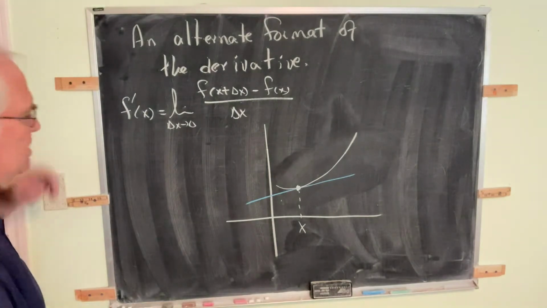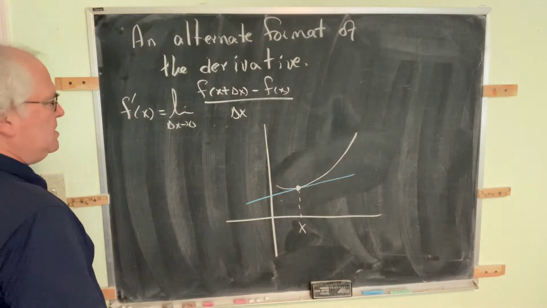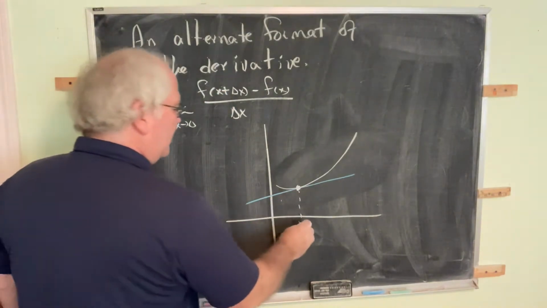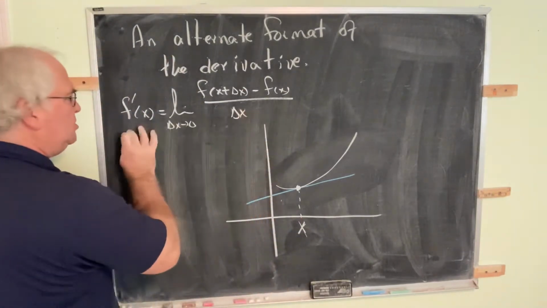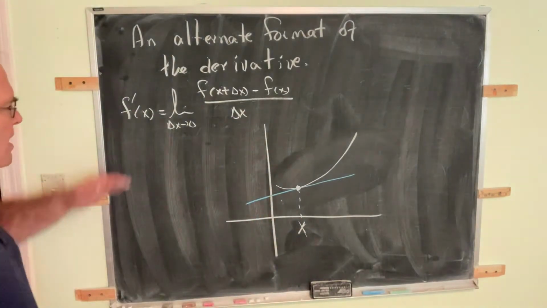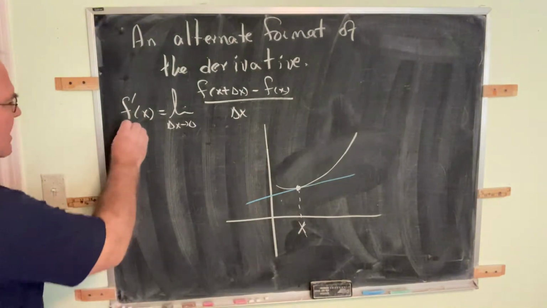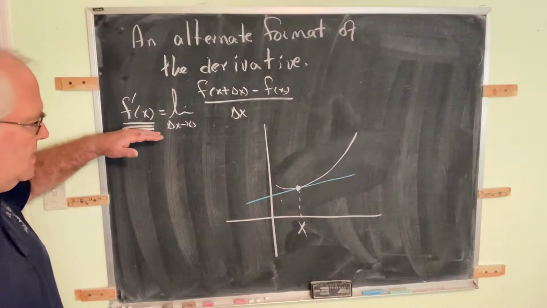So, first off, this is the definition of the derivative that we've developed so far. It's the limit of this difference quotient. And here's the picture. We have a value of x. Now, when we're using this definition for the derivative, we're trying to find a function. Our final result is going to be a function of x.